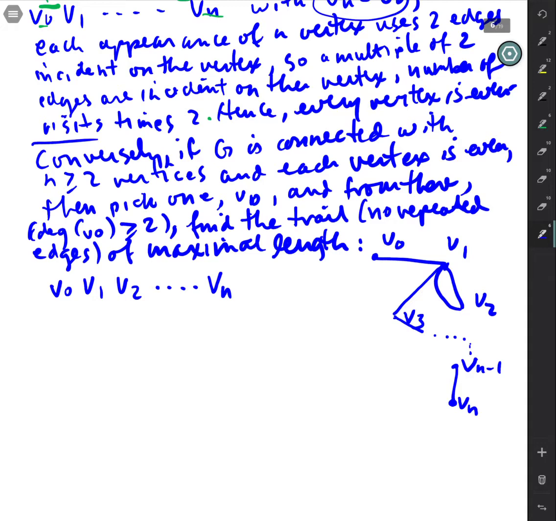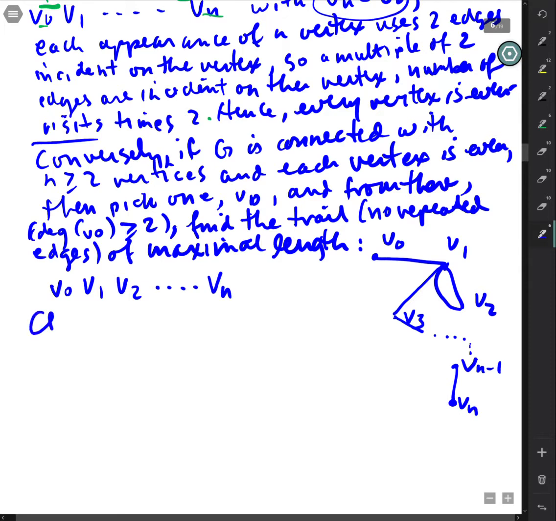So my claim is that Vn equals V0. That's the claim. We had to end where we started, because if not, let's look back. If not, then as we're thinking about going from Vn minus 1 to Vn, we're going to go down here like so.